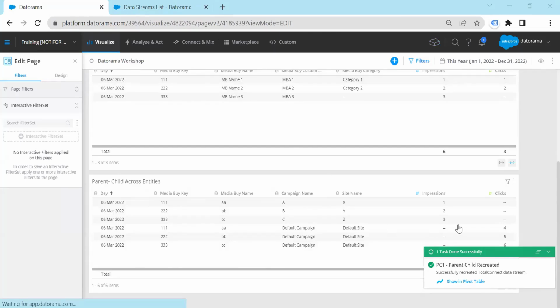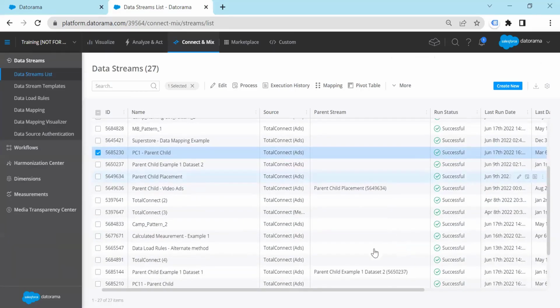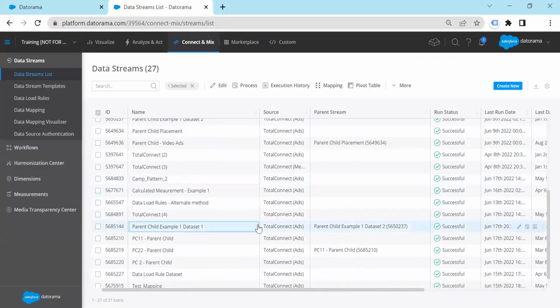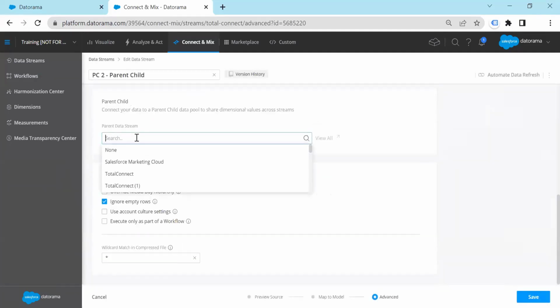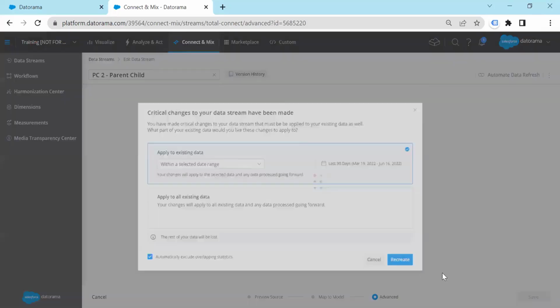Now, what we will do is, we will not make a similar mistake anymore. And we will make PC1 the parent of PC2. So where is PC2? There is PC2. Edit. Go to parent-child. PC1 to be the parent. Save.